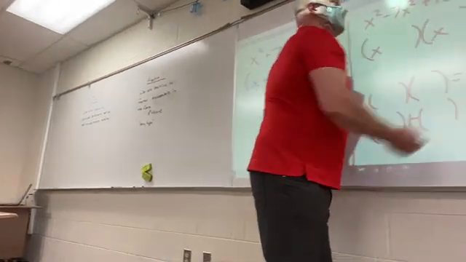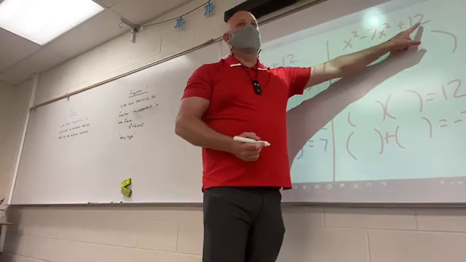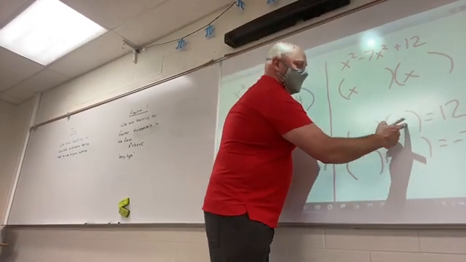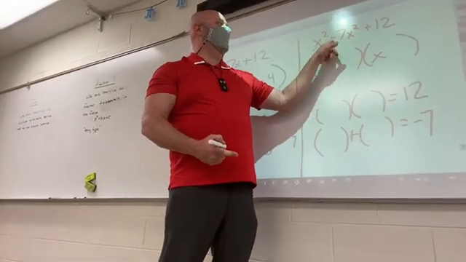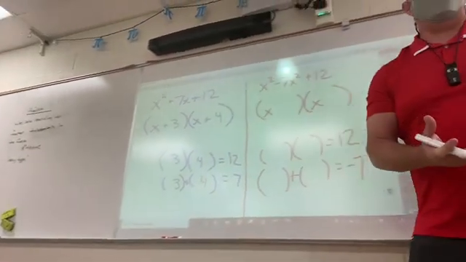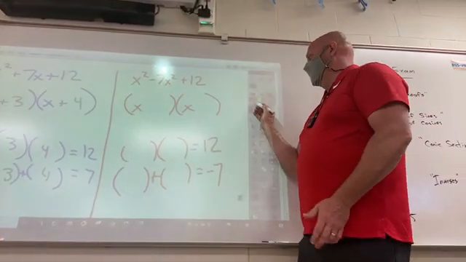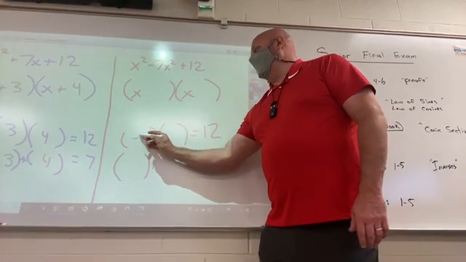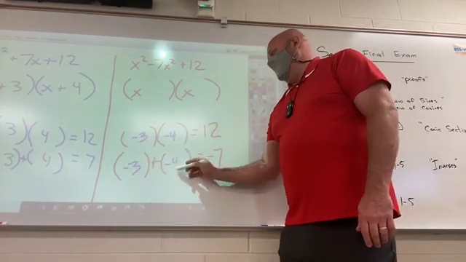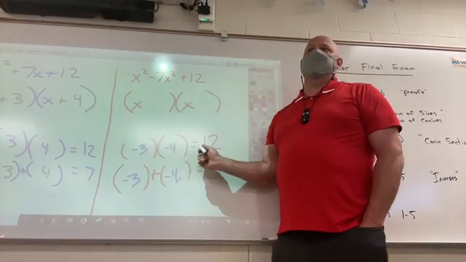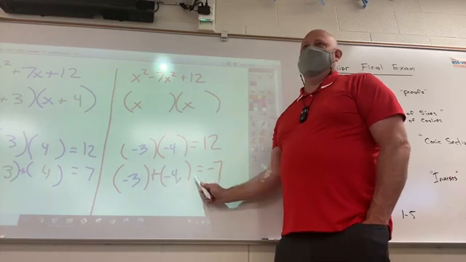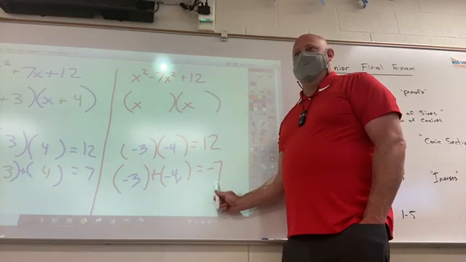So, this problem, you're looking for two numbers that multiply to get a 12 and add up to a negative 7. What are two numbers that multiply to 12 and add up to a negative 7? How about negative 3 and negative 4? Negative times a negative is still a positive, right? And a negative 3 plus a negative 4 would be a negative 7.